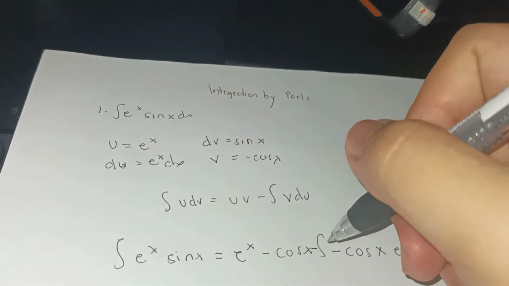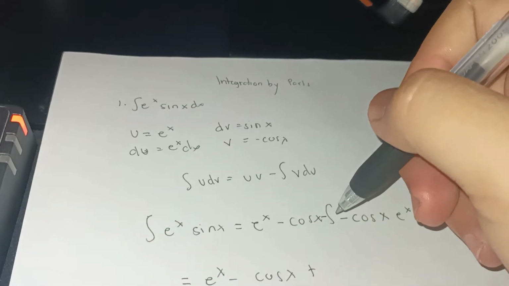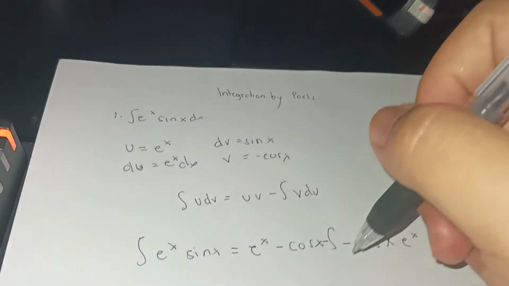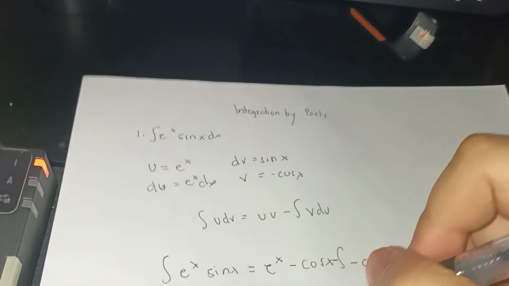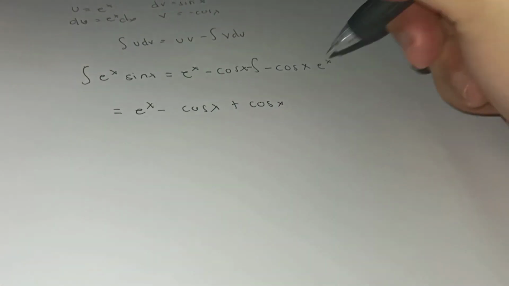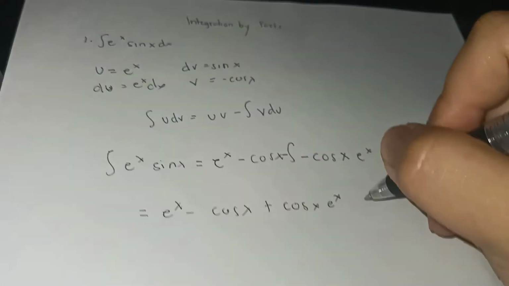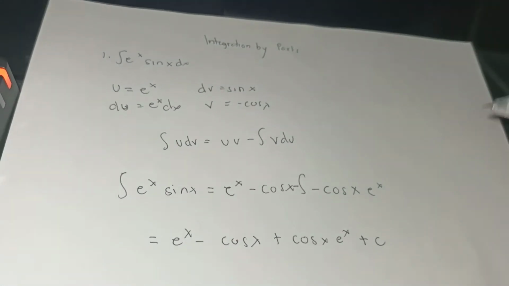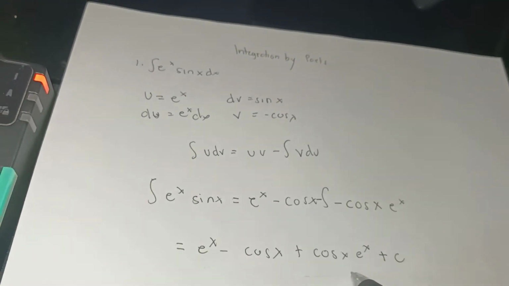I actually forgot that there's a subtraction sign here, that's why it became positive. And just place this cosine x e^x, and then the arbitrary constant, plus c. And there we go, the final answer of the number 1 example.